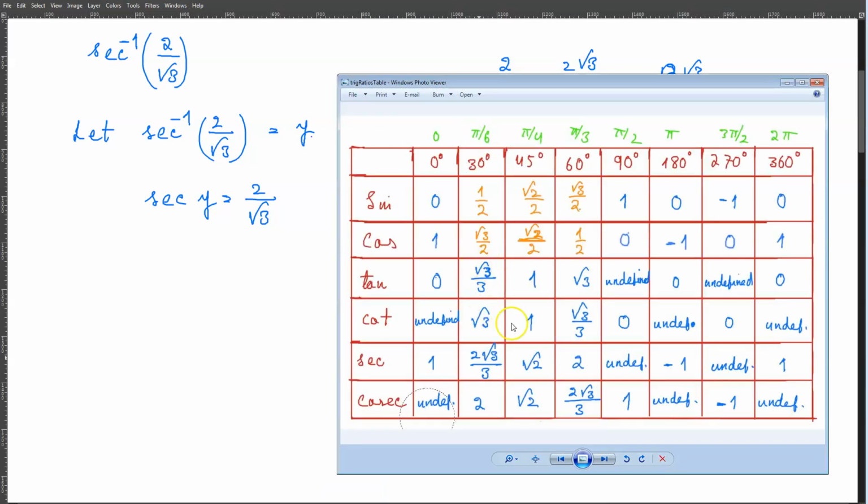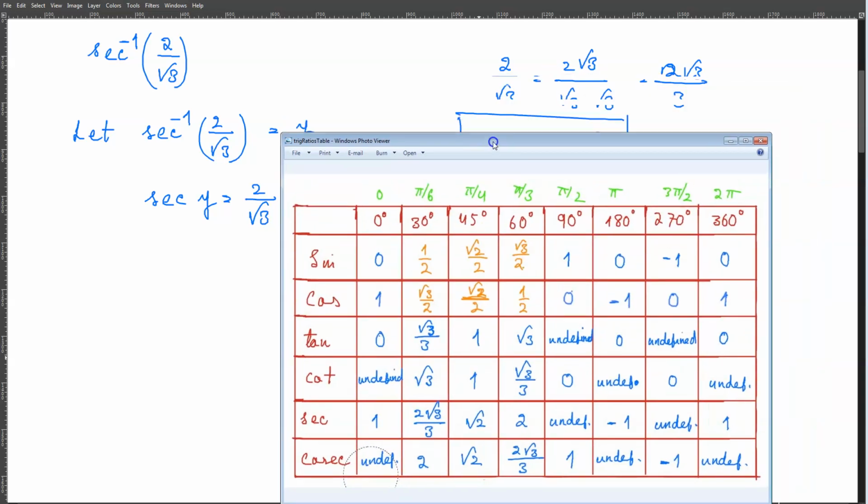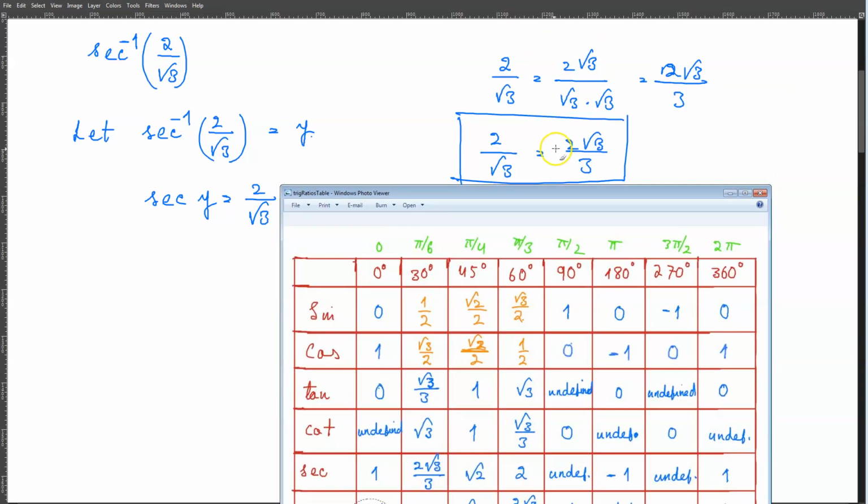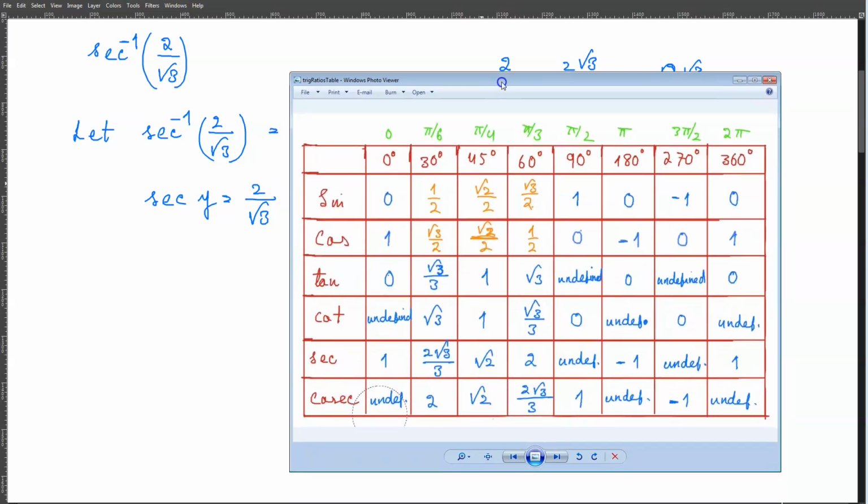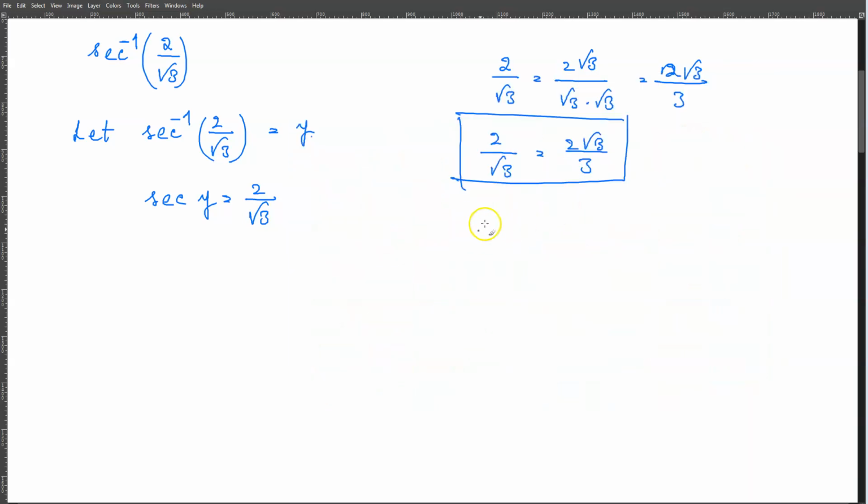And basically the table that we had here, the secant of pi by 6 is equal to 2 square root of 3 thirds, which is the same thing as 2 over square root of 3, right? So that is secant of pi by 6.